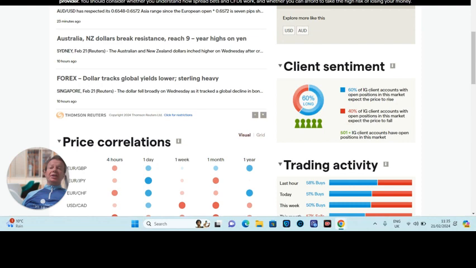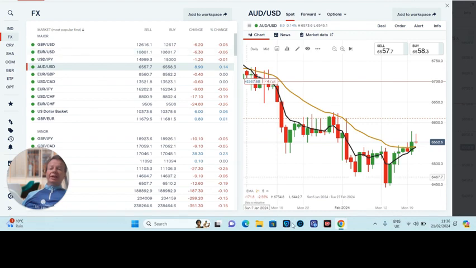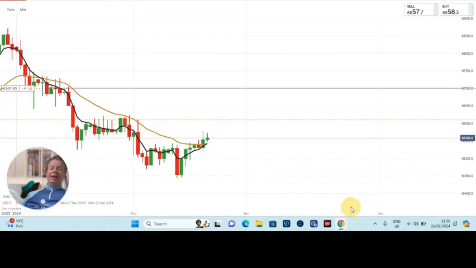People are thinking that it's going to go long, so more people are buying this particular trade and going long. And I'm taking a contrarian view, thinking, well, if 60% are going long, I won't go with the herd, I'll go the other way. But I wouldn't just base my trading plan on just client sentiment.